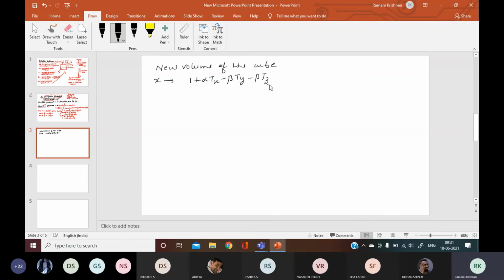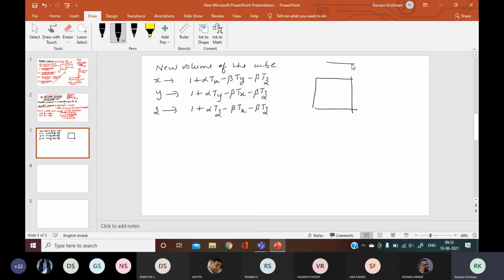In the y direction, 1 plus alpha ty minus beta tx minus beta tz. In the z direction, 1 plus alpha tz minus beta tx minus beta tz. Any doubt here? This is how the volume has changed. It has become a new volume, not the unit volume.